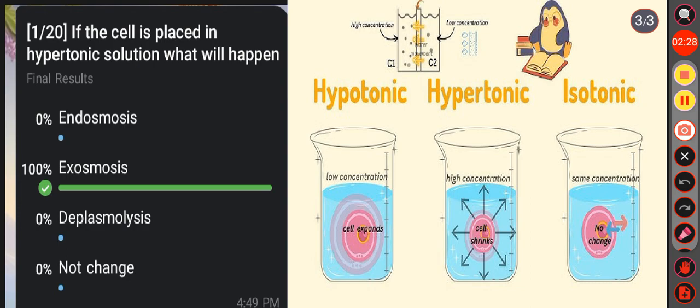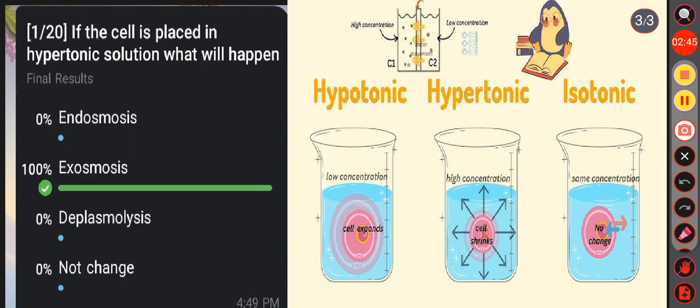So we know water, or solvent, always moves from low concentration of solute to high concentration of solute. And also we can say that water moves from its high concentration to its low concentration.